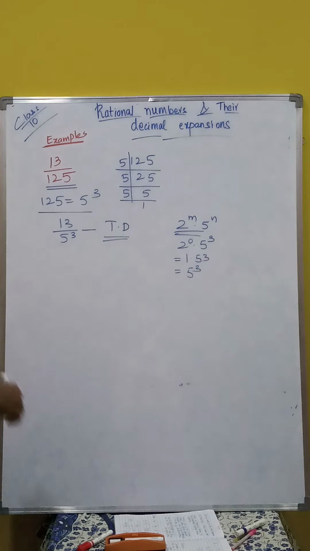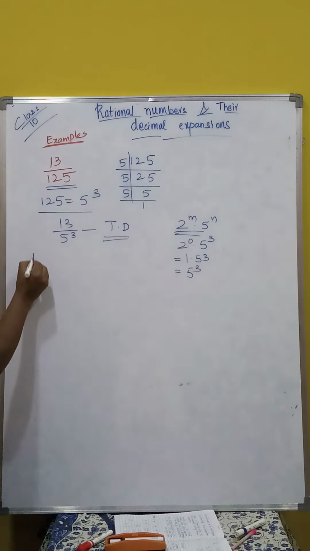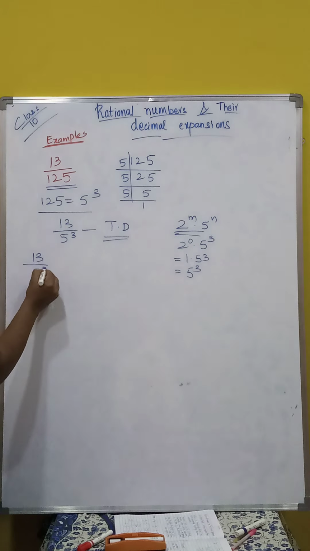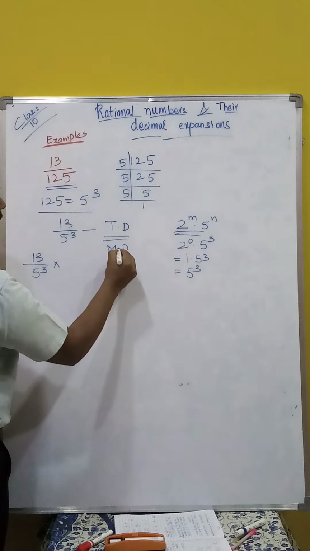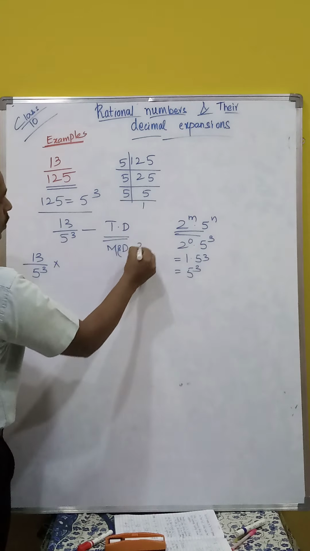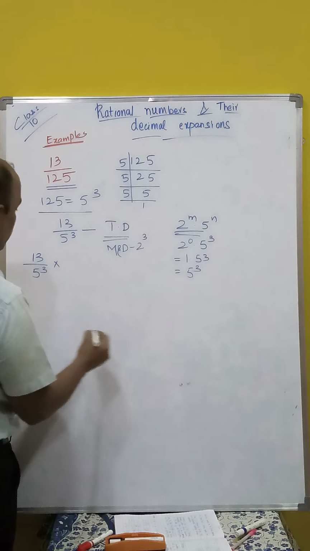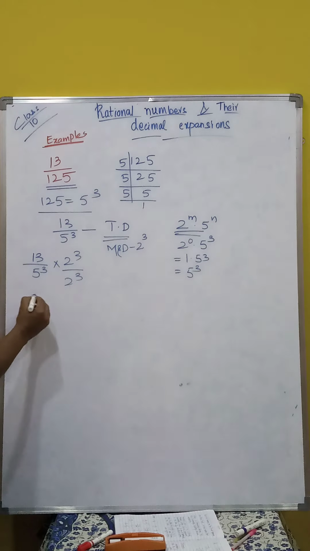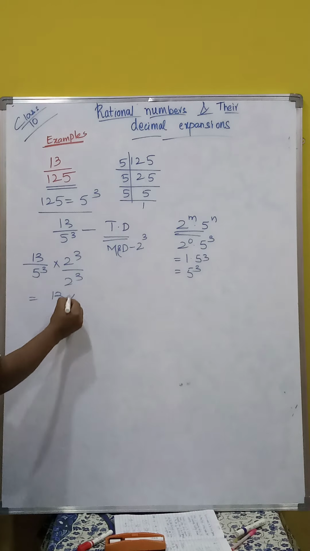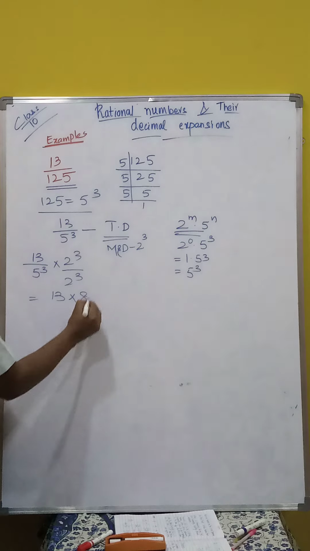Now what is the decimal? We will find out. 13 by 5 cube. Same way multiply and divide with 2 power 3, that is 2 cube. 2 cube by 2 cube. Then 13, 2 cube is what? 8.